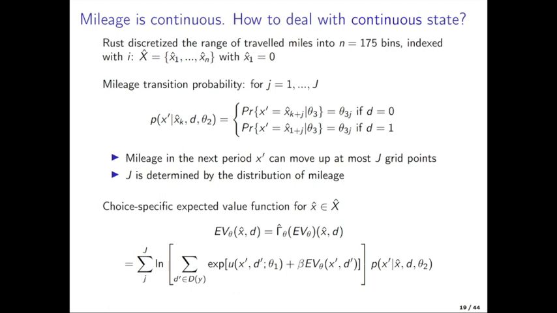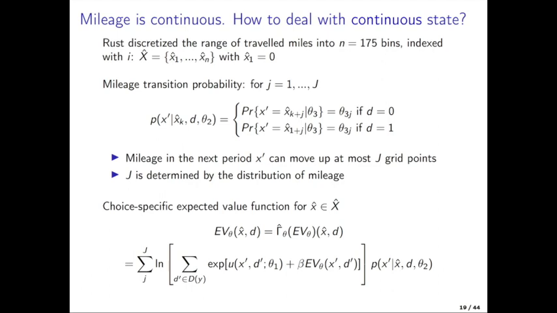So what he assumes here is that the change in mileage can only take on J different values. Say you could drive 0 to 5,000 miles, or 5 to 10,000 miles, or 10 to 15,000 miles, and then beyond that, there's zero probability that you will drive that. If that's the case, then J would be equal to 3 because of these 3 intervals.